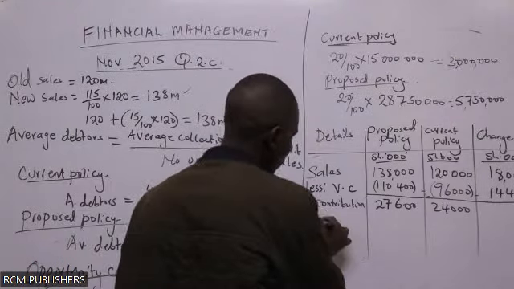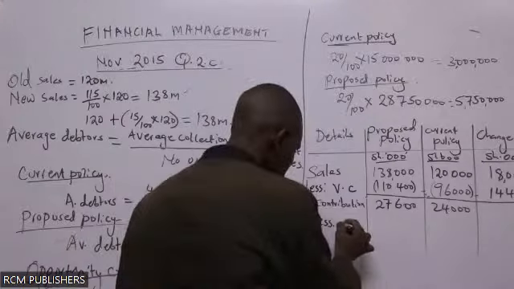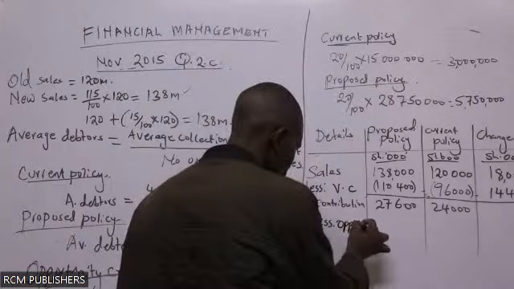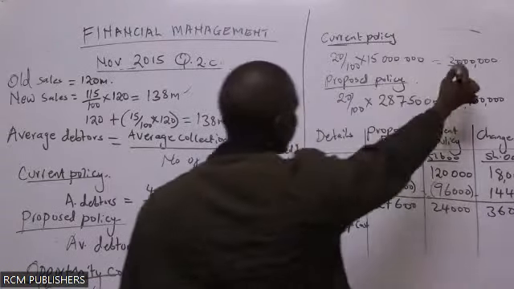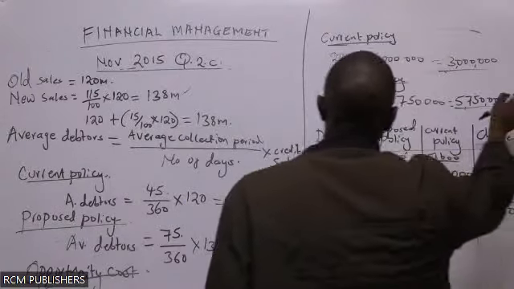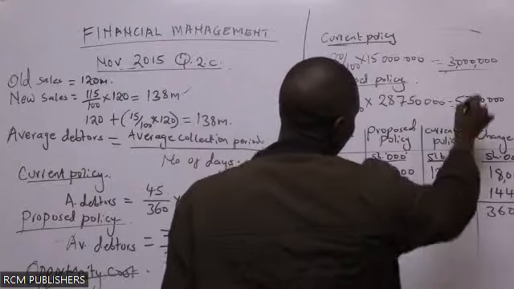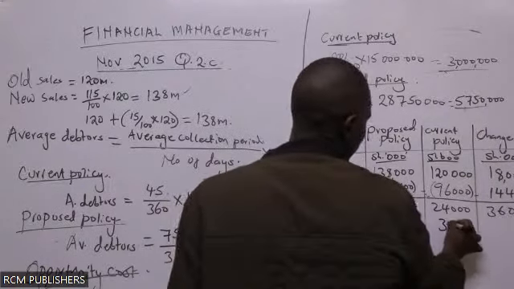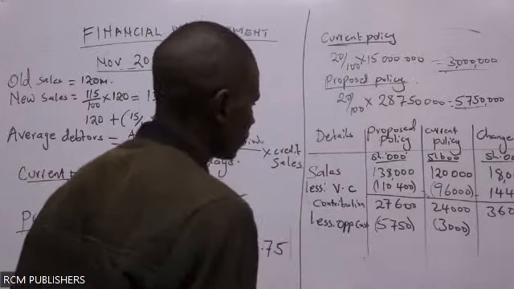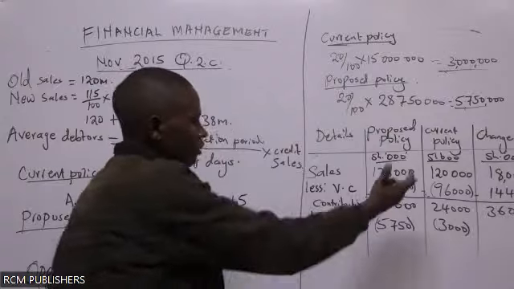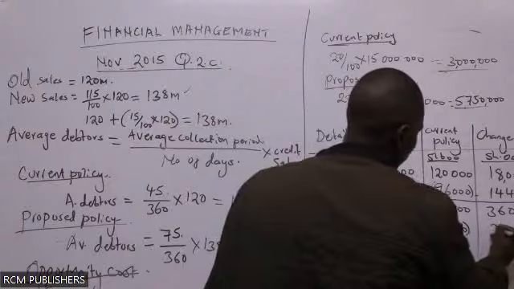So that we raise our opportunity cost. Let's raise our opportunity cost. I have for the proposed policy 5750, 750, then 3,000. Inapatia ngapi? 750, your difference. Give me the change of that. Is it 2750? Yes, you can see here 750.